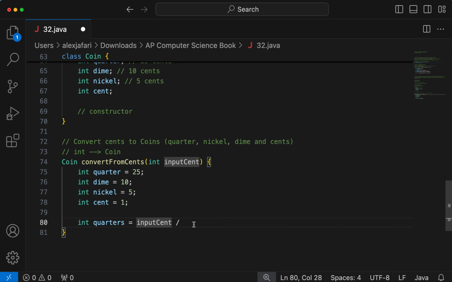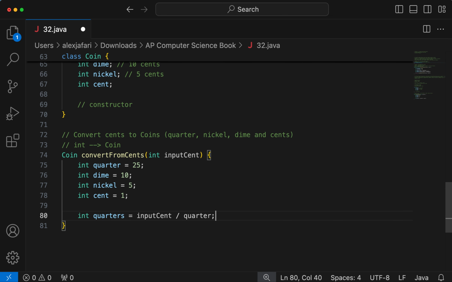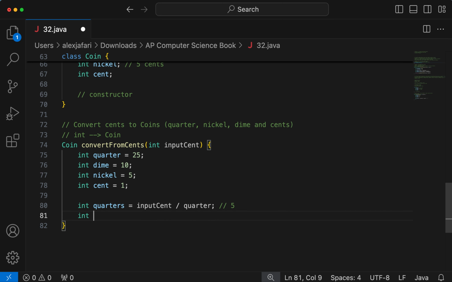So then we'll divide the input cent by quarter. That's going to give us 5, right? And then dimes is going to be input cent modulo quarters.